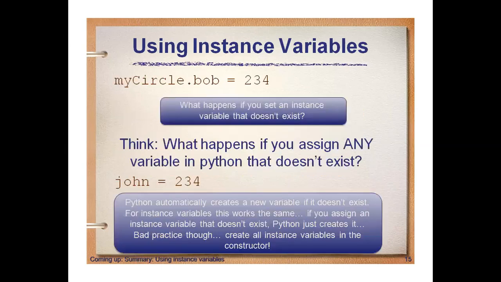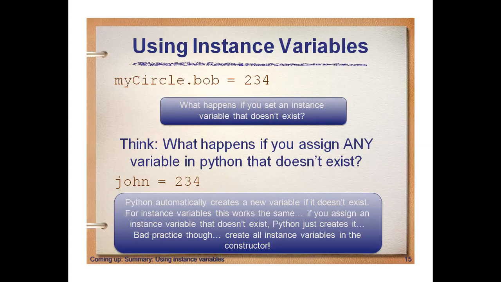Now moving ahead, we are using instance variables. What are instance variables? Suppose my circle.bob has some parameter and we put a value equal to 234. Now think, if you have Bob equals 34 and another parameter John equals 234, what will happen?